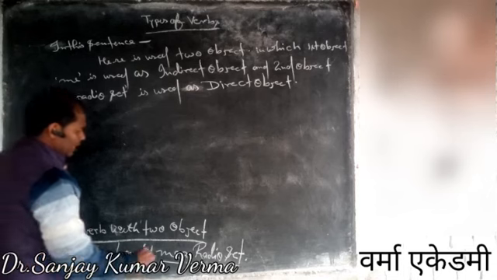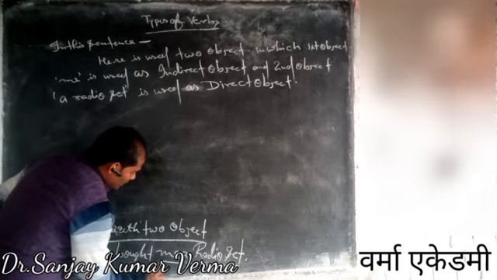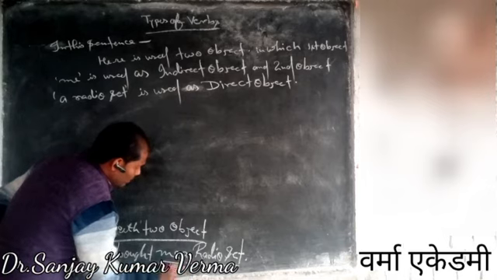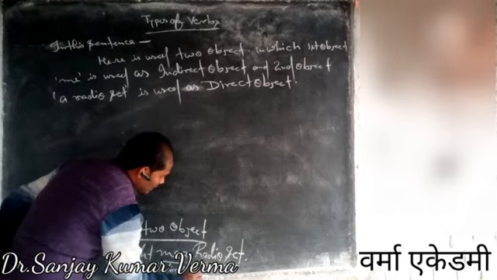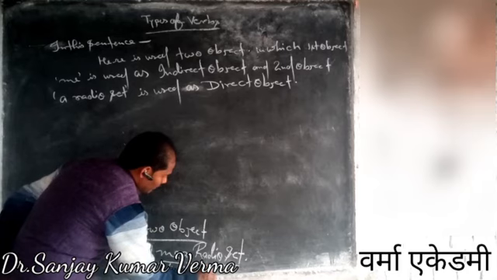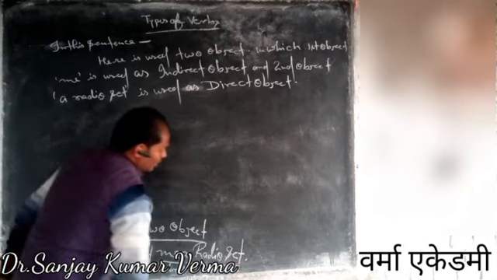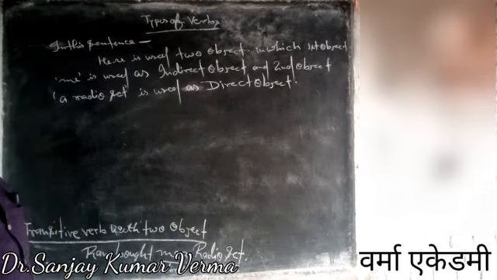Me is used as indirect object, and radio set is used as direct object.